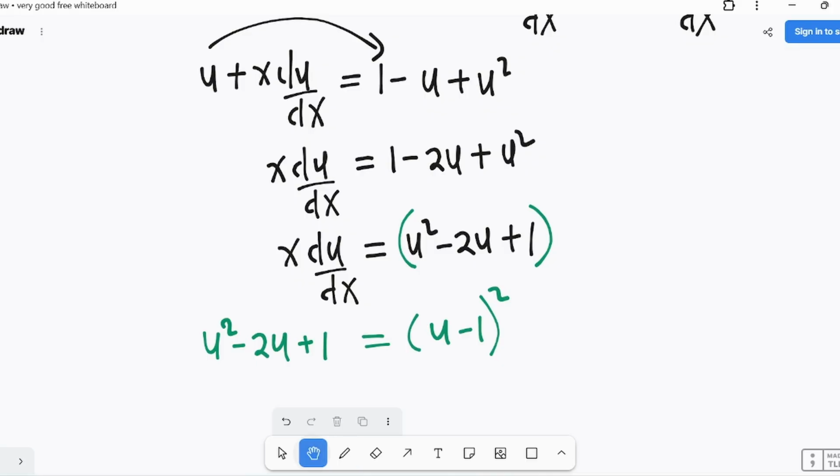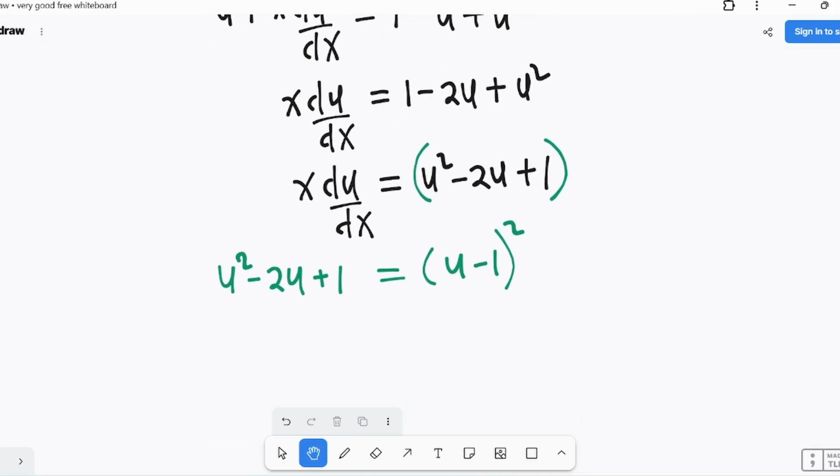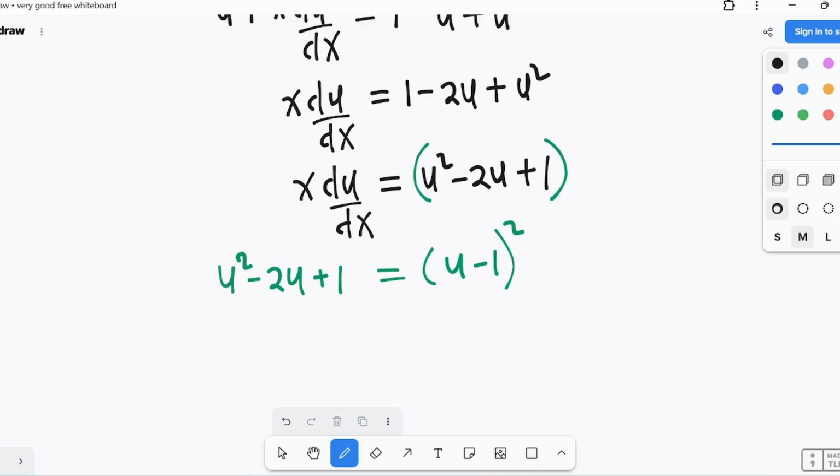So we can put it back. Putting it back, we have x du dx is equal to u minus 1 everything squared. Now we collect like terms together.